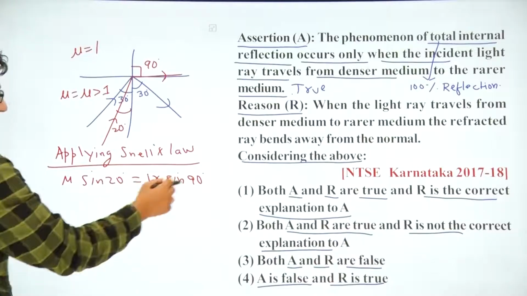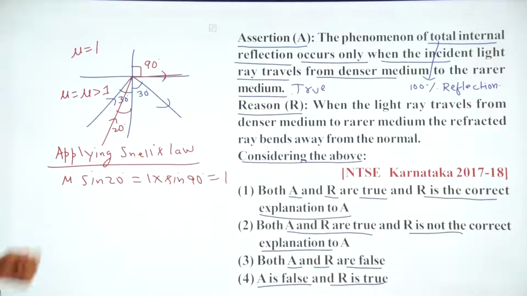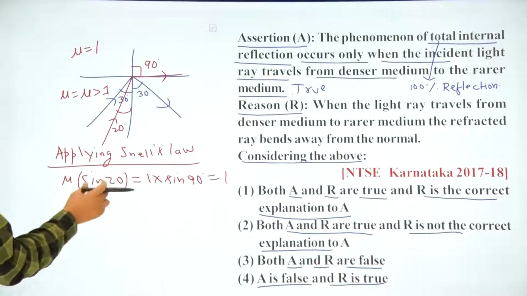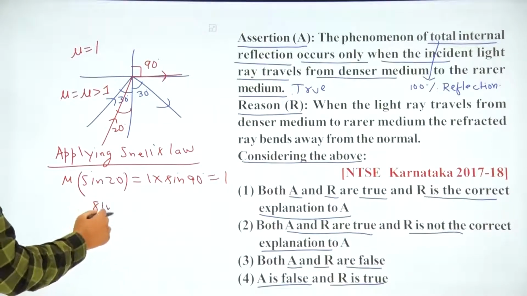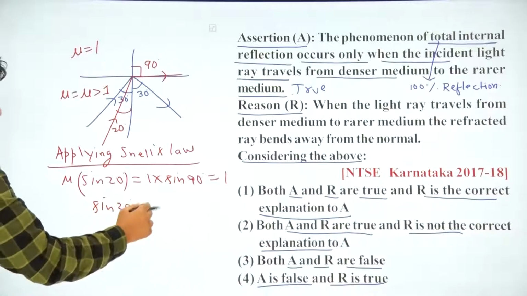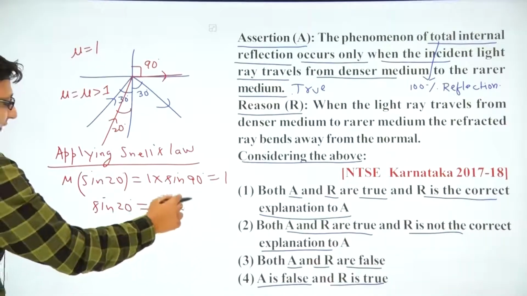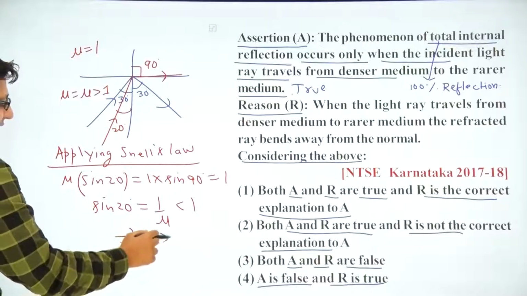Getting or not? The product is equal to 1. So sine 20 equals 1 by mu, and this is less than 1, which implies mu is more than 1.